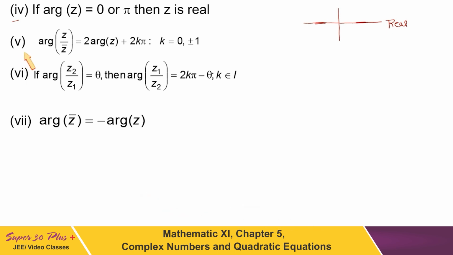Property number 5 is here, argument of z upon z bar. By the property we can write it is equal to argument of z minus argument of z bar. As we know, if complex number lies in the first quadrant, then its conjugate lies in the fourth quadrant.